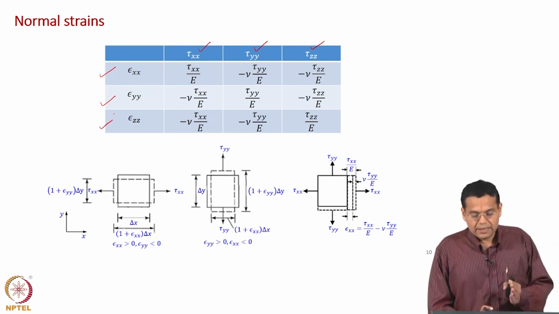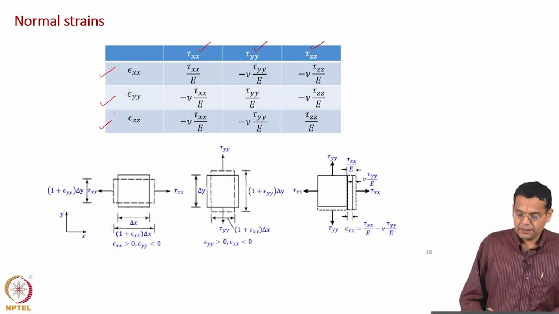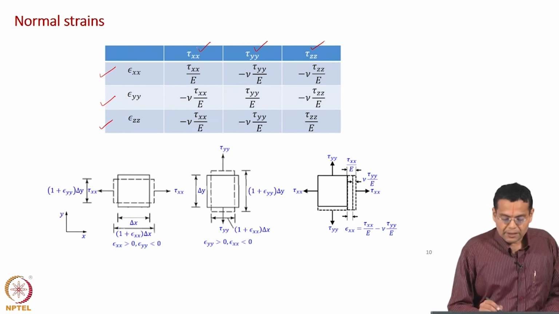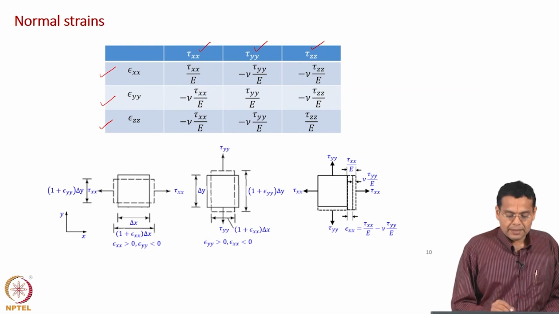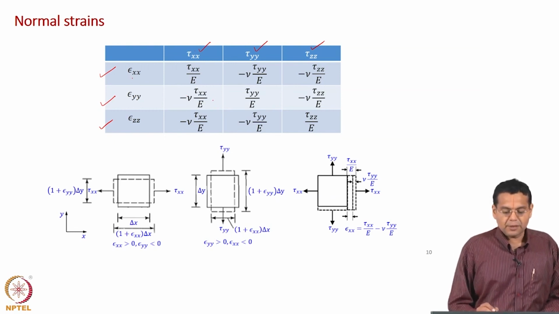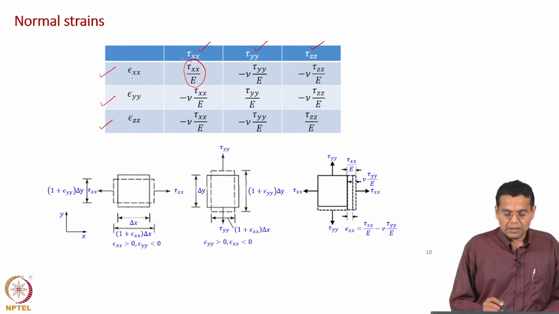Let us take the first column. What is the first column? The direction of stress is x, along the x axis, direction of strain epsilon x along the same x axis. How are they related? By simply tau xx by E. Now, when the stress is along x direction, y and z are the perpendicular directions.